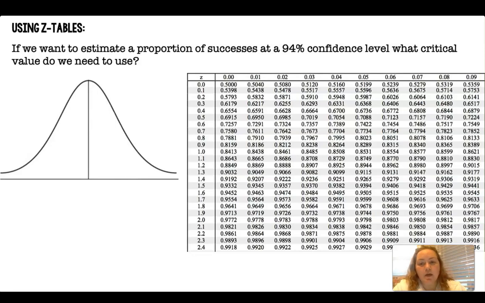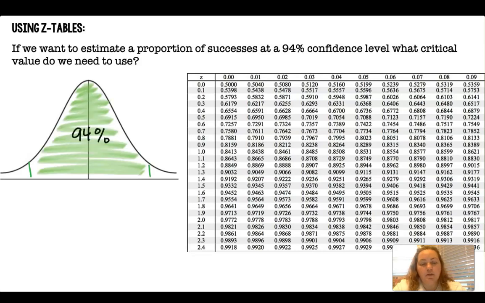If you want to estimate the proportion of successes at a 94% confidence level, what critical value do you need to use? All right, so if I'm using a 94% confidence level, that means I'm accounting for 94% of the data in the middle.